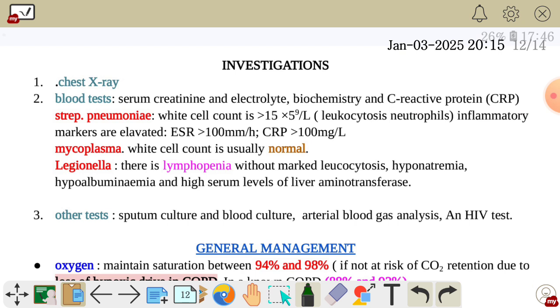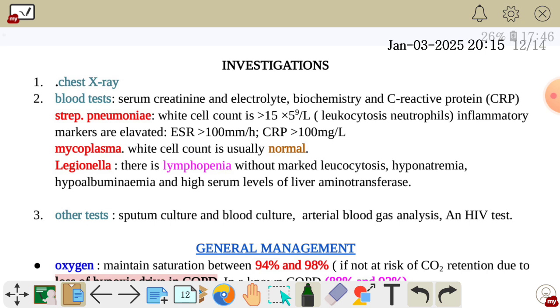Apart from that, we have a blood test. For the blood test, we can do serum creatinine and electrolyte biochemistry, and C-reactive protein. Remember, with Streptococcus pneumoniae we are going to have leukocytosis, so the neutrophils will increase due to the inflammation taking place.